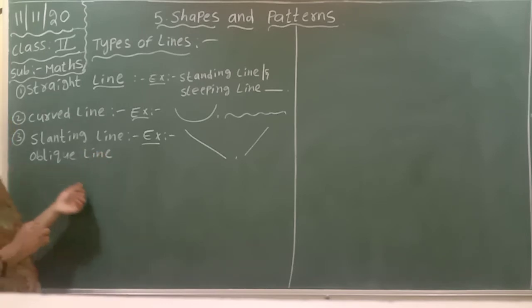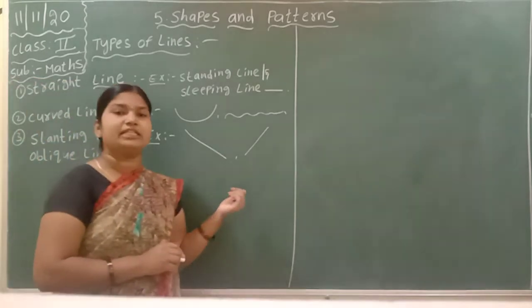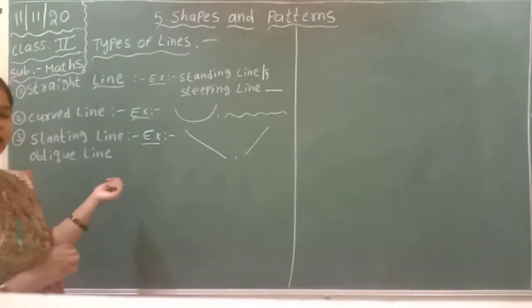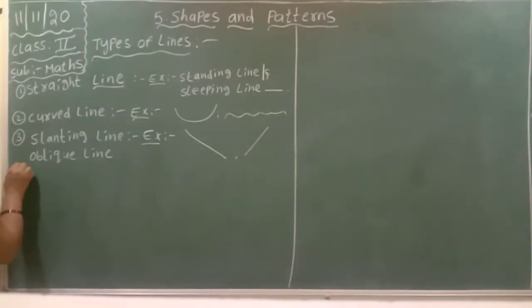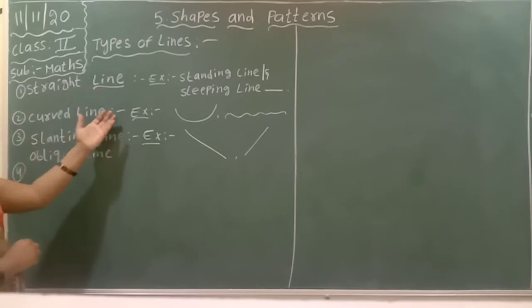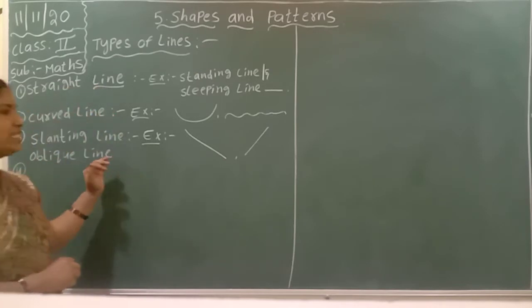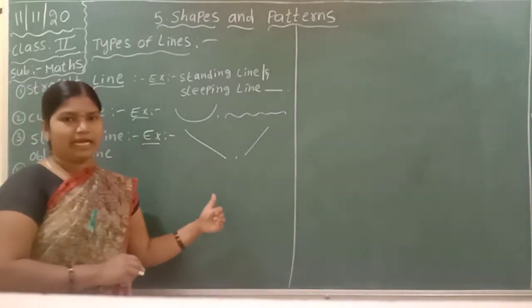Slanting line, another name is oblique line. So three types of lines are there: straight line, curved line, slanting line or oblique line.